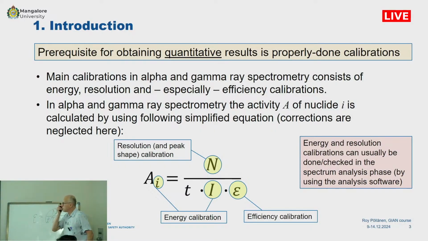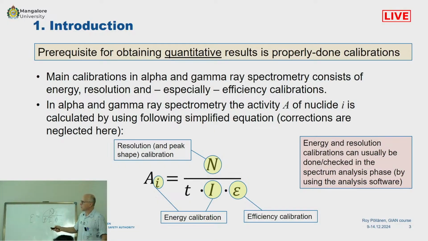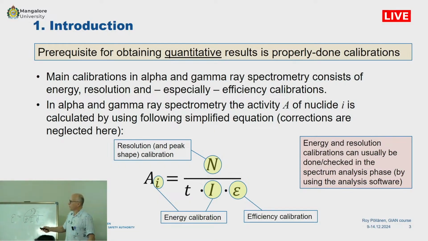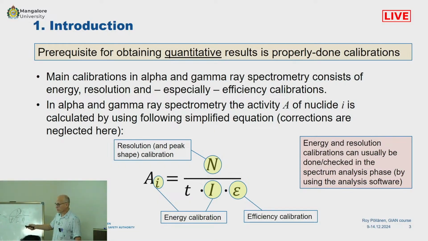All right. So this N here refers mainly to resolution calibration. So you have to determine the area correctly. Energy calibration refers to this and this.